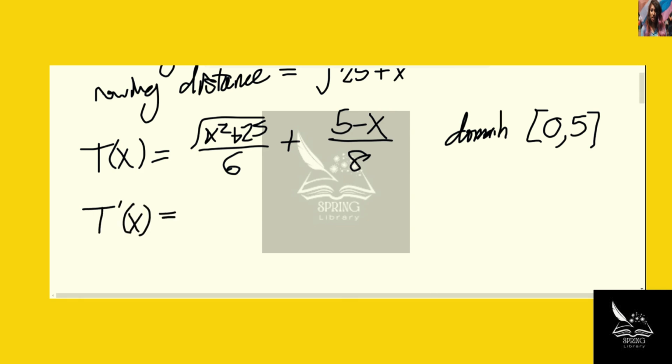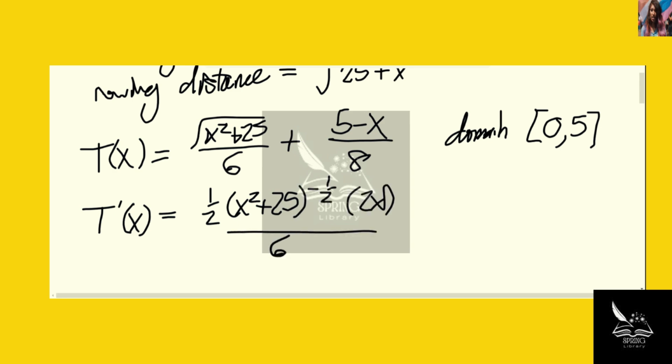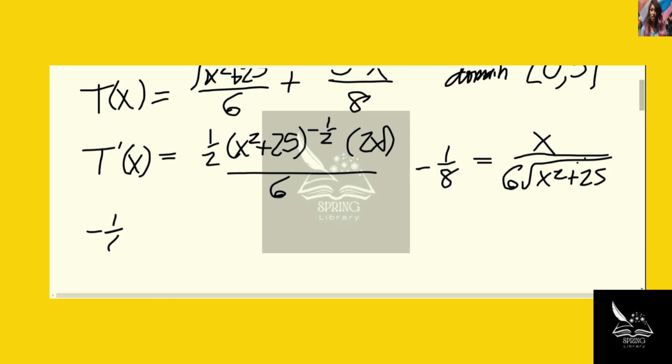So we get T prime of x equals 1/2 times (x squared plus 25) to the negative 1/2 times 2x, over 6, minus 1/8, which is equal to x over 6 times the square root of x squared plus 25, minus 1/8.